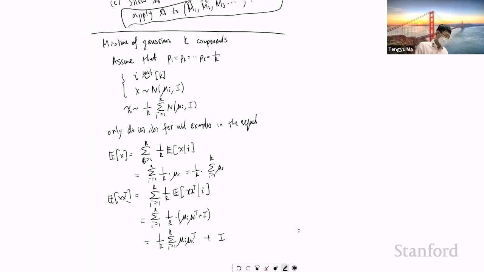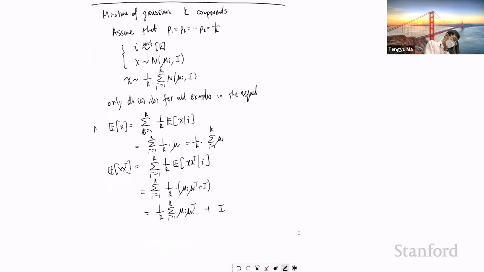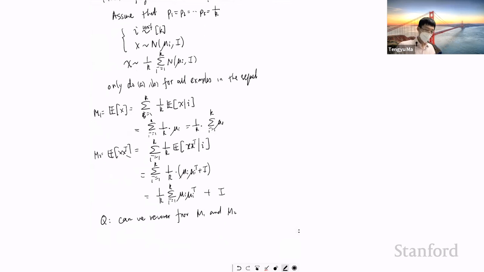So the question becomes, suppose you just want to use the first and second moments: can we recover the means from M1 and M2? Or more specifically, from the average of mu_i and the average of mu_i mu_i transpose.